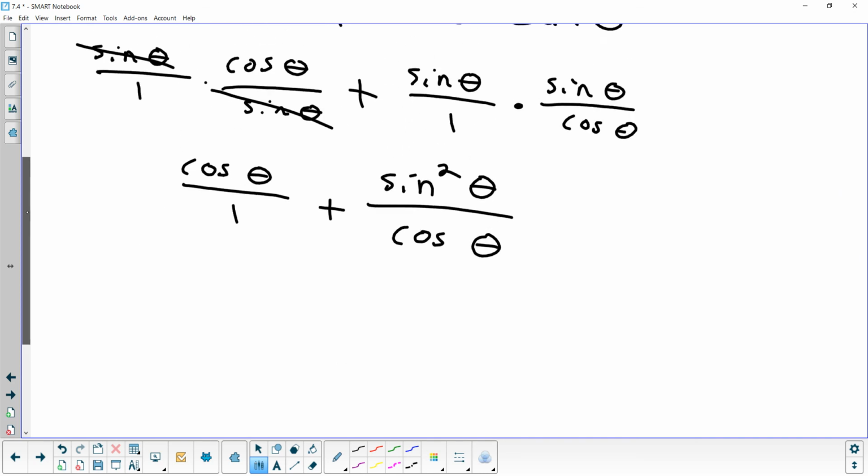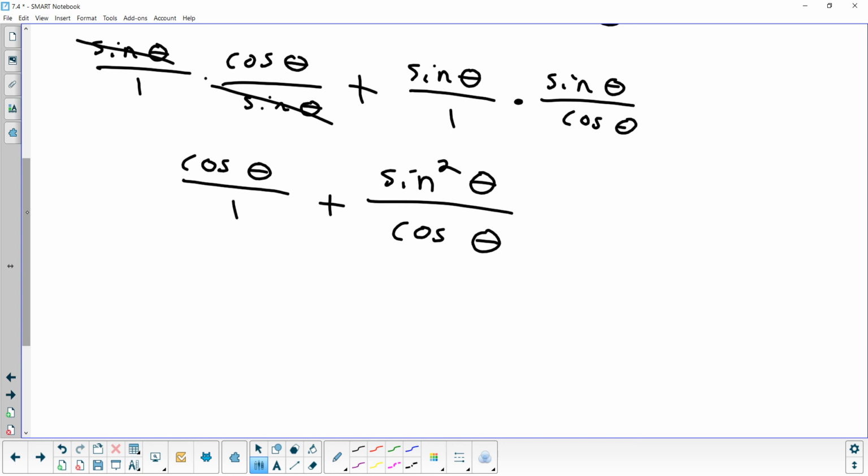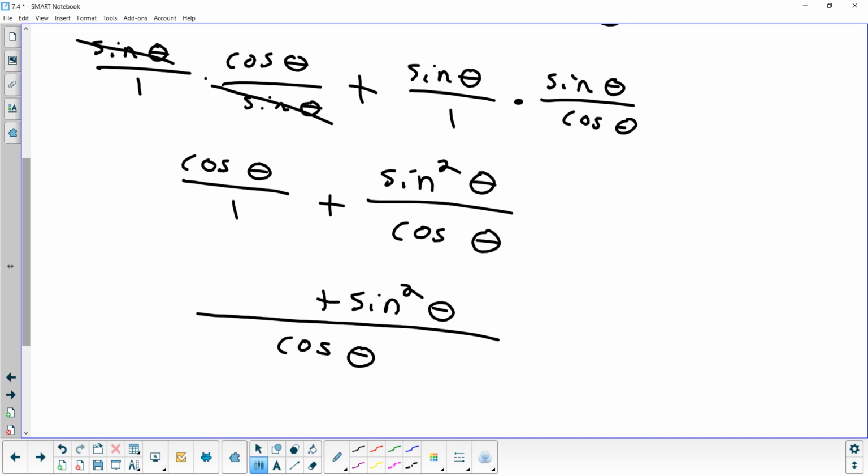What would be my common denominator between these two fractions? Michael? Cosine. Cosine, and that's great because one of them already has a denominator of cosine. I don't even need to change this one. So my common denominator is cosine. The right fraction already has it. The left fraction does not.